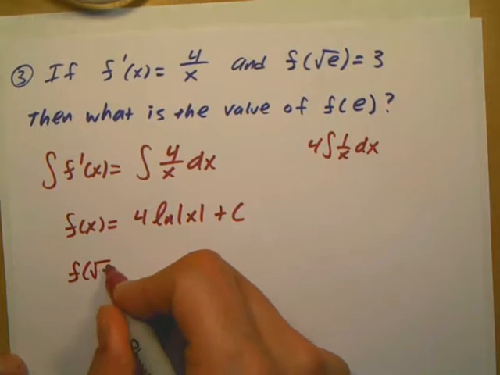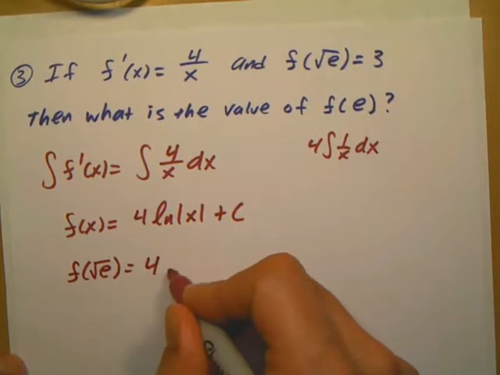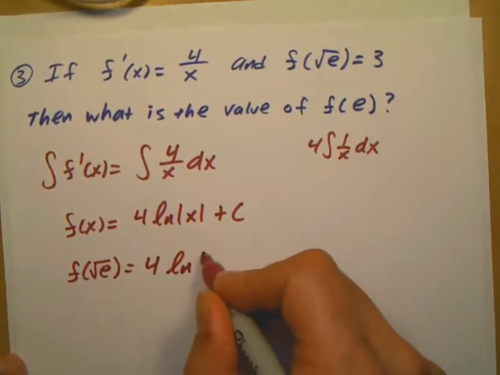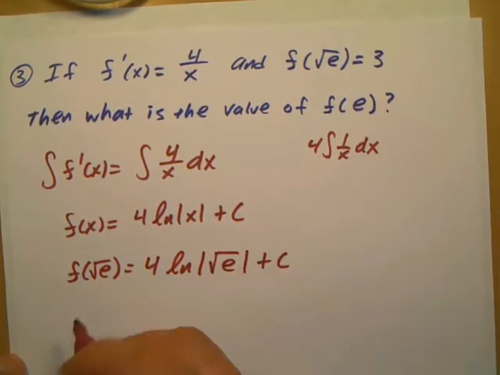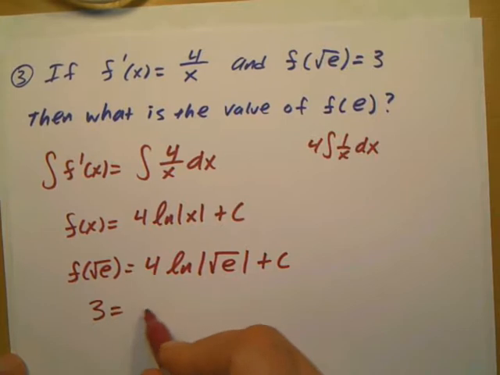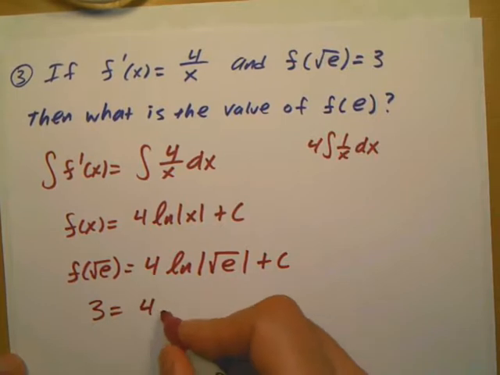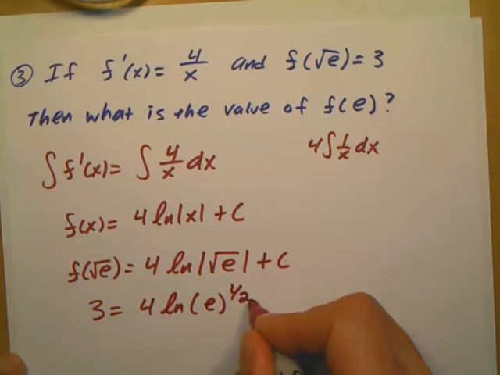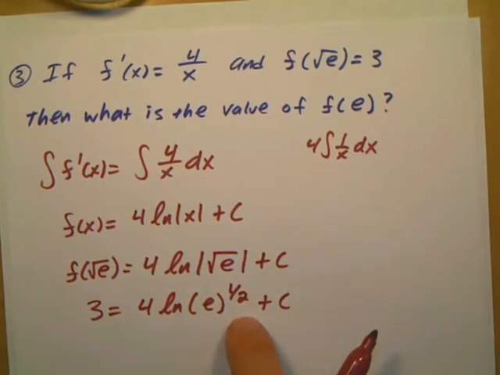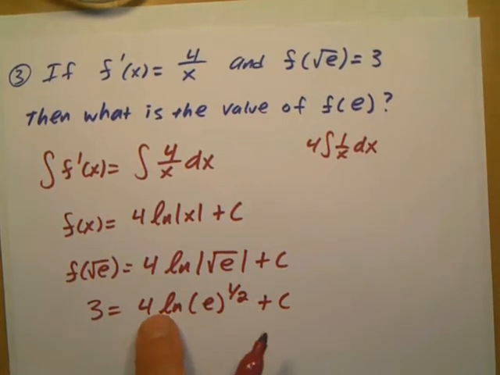So f of square root of e is 4 ln absolute value square root of e plus c. All that's going to equal 3. Well, think of this as 4 ln of e to the 1/2 power plus c. There's a property that says if you have an ln and an exponent, you can drop it out in front.